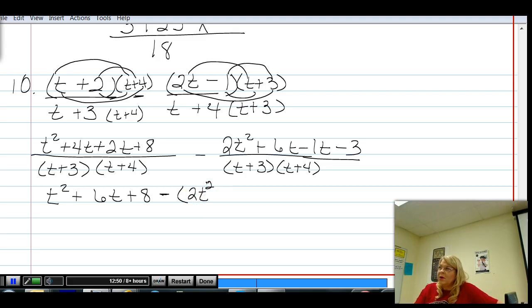Let me go ahead and collect like terms before I distribute the negative sign. So that's going to give me 2t squared plus 5t minus 3.